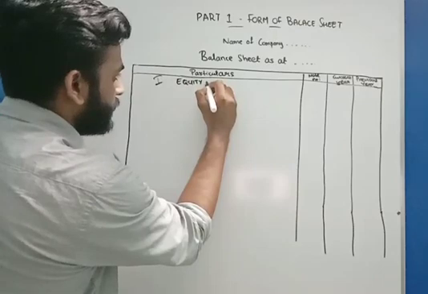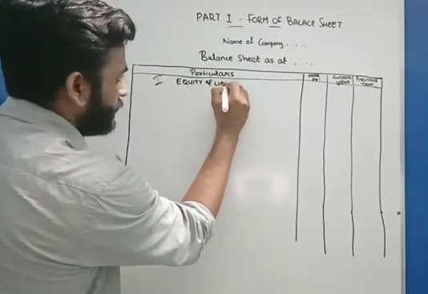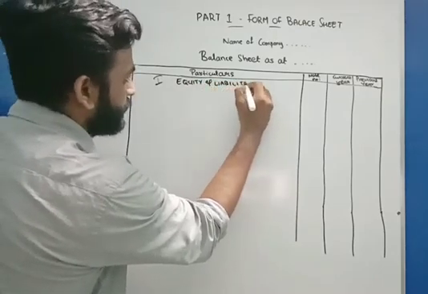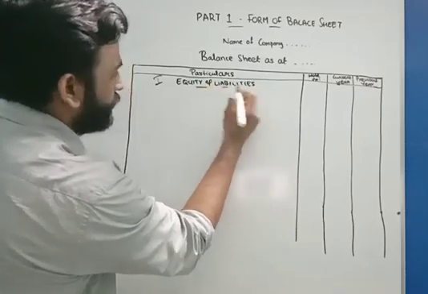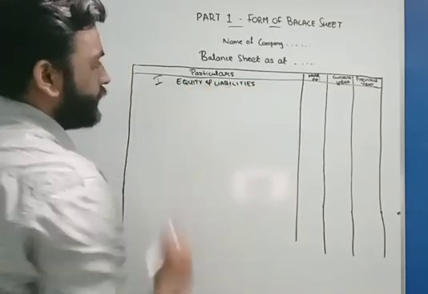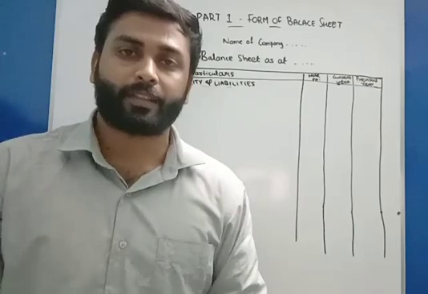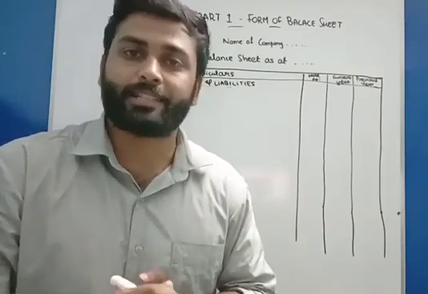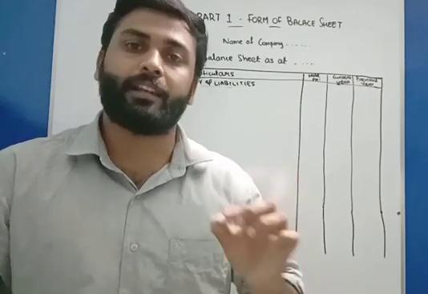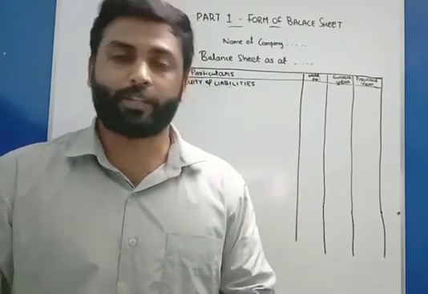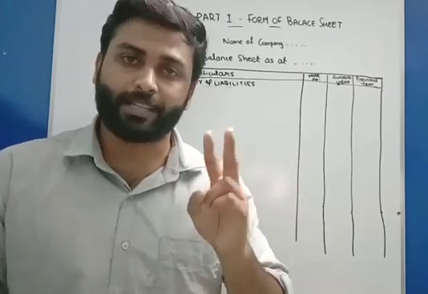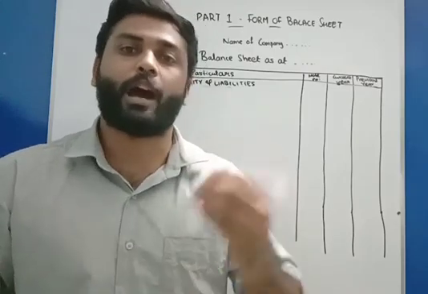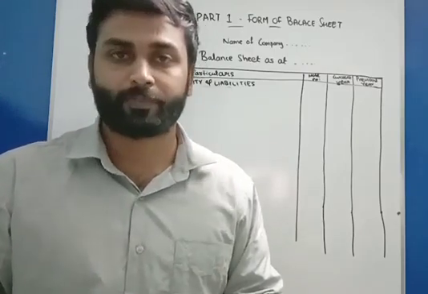On the liability side we always record capital as well as the outside liability of the business. We will record two items, capital as well as the outside liability of the business.